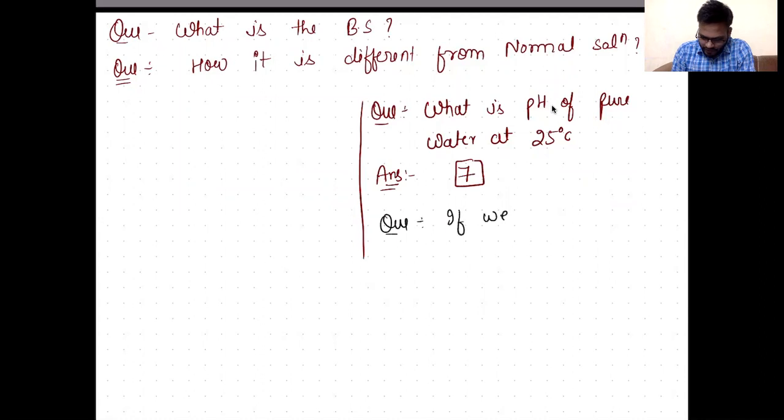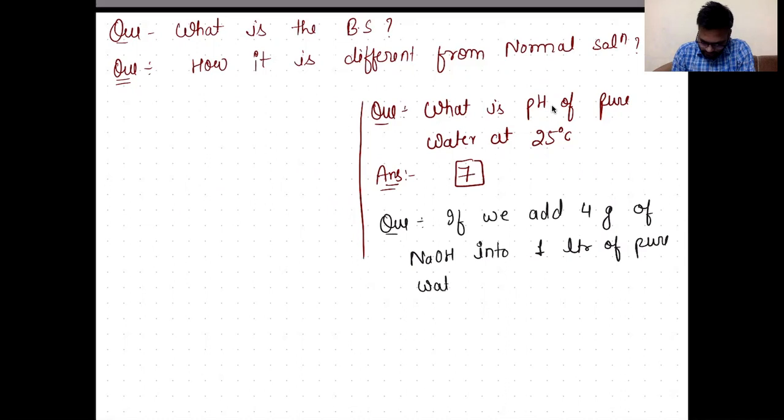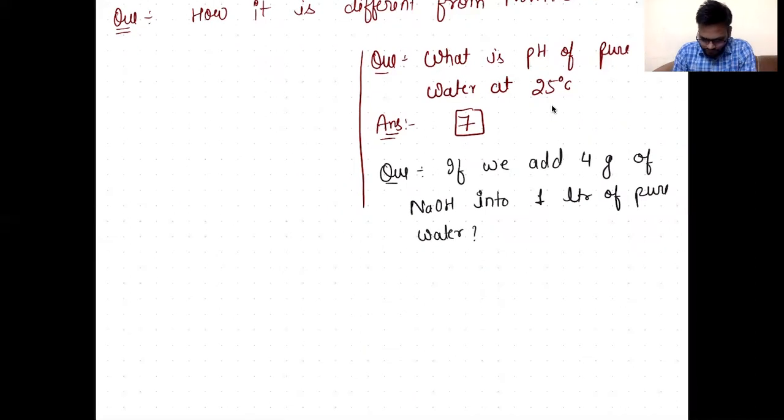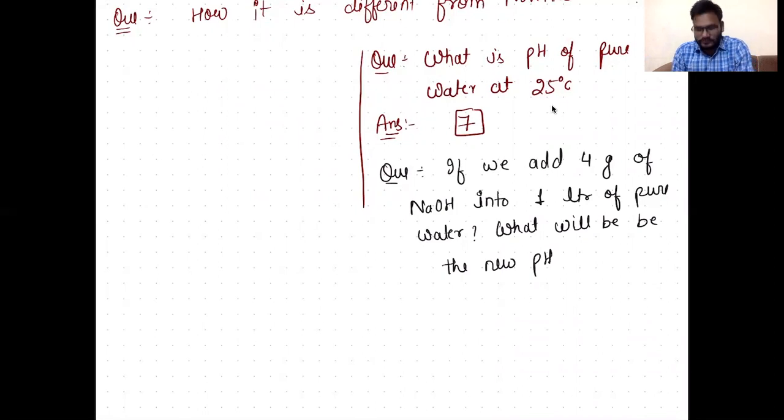If we add 4 gram of NaOH into 1 liter of pure water, what will be the new pH? New pH or pH of the resulting solution.